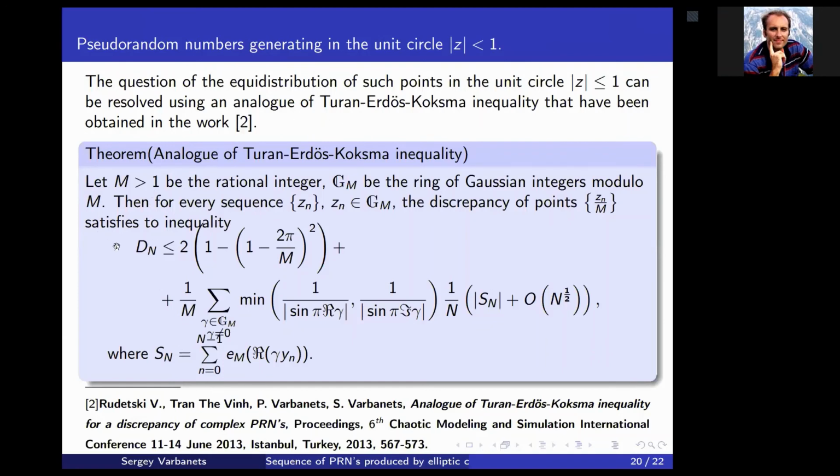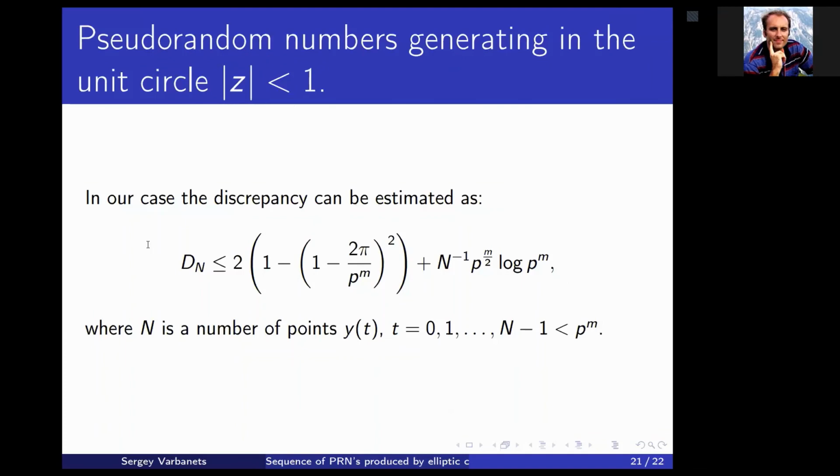We obtain the following theorem, where we obtain the upper bound for the discrepancy function D_n. In our case, the discrepancy can be estimated as we can see here, where n is the number of points y(t).